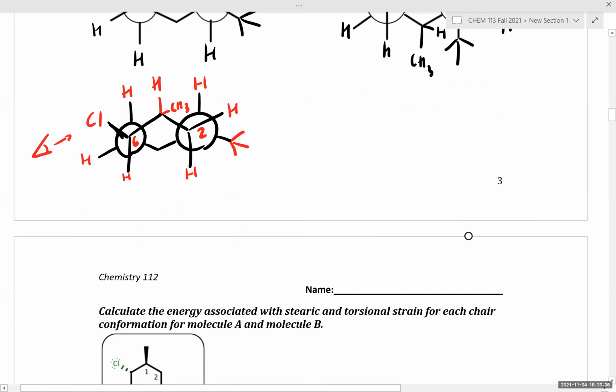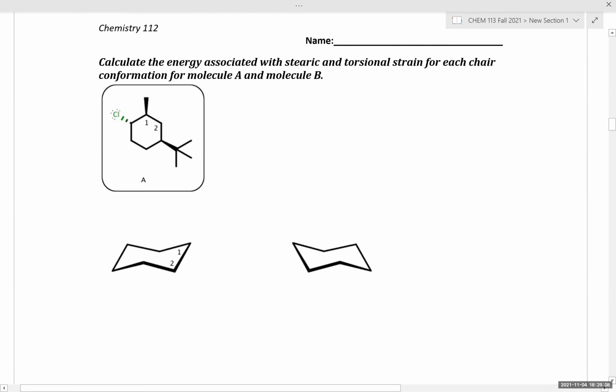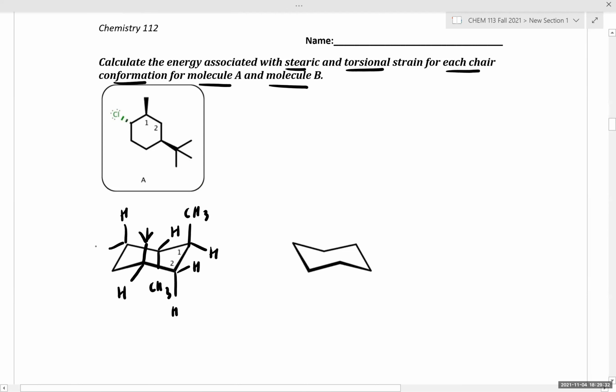Okay, so now what we're asked to do is calculate the energy associated with steric and torsional strain for each chair conformation for molecule A and B. So I'm just going to quickly fill in the 2 chair conformations for molecule A. And I'm going to draw out the hydrogens here just to be explicit.